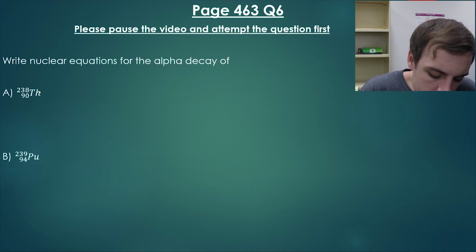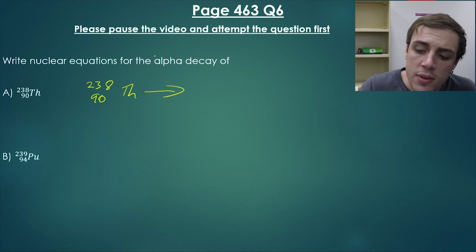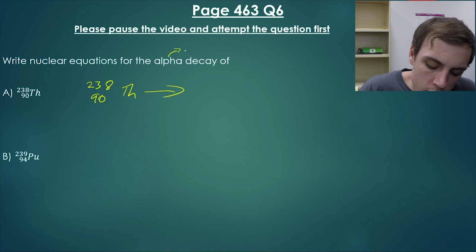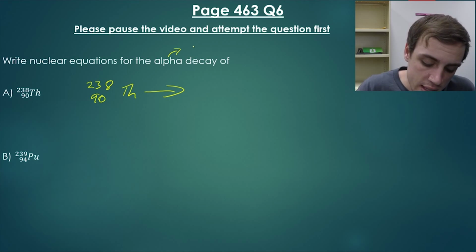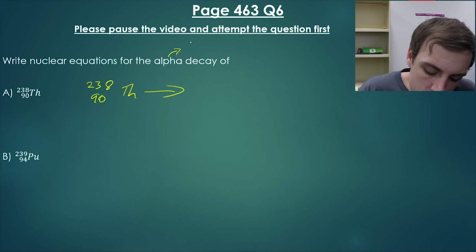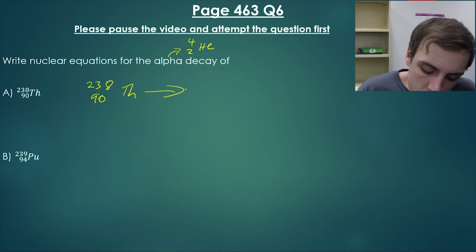So we know it's alpha decay. Straight away when we see alpha decay, we know that it is a helium nucleus. If you look on the periodic table, it is 4, 2, helium. So that's what it represents. I'm going to write that in here.